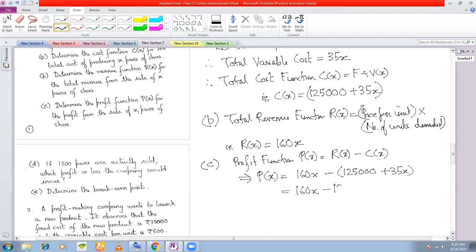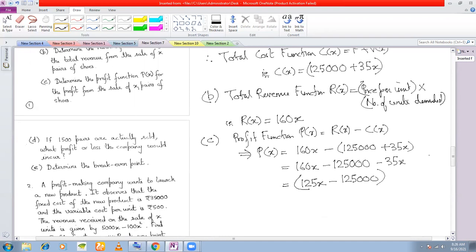That gives 160X minus 35X, equal to 125X minus 1,25,000. Fine. This is the total profit function.